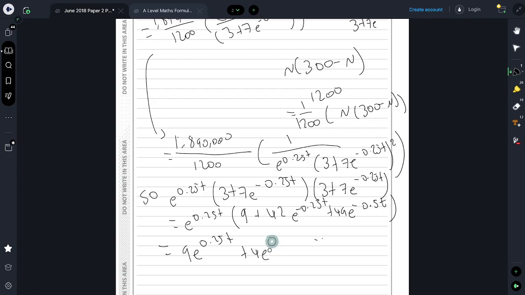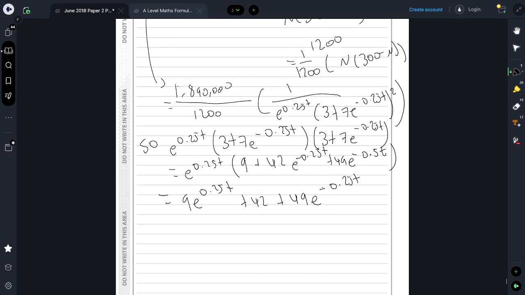So that would just be 42. And then 49e to the minus 0.25t. And that's what we're left with. So that's simplified.